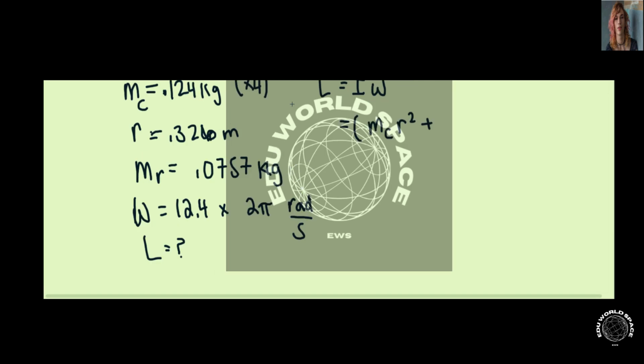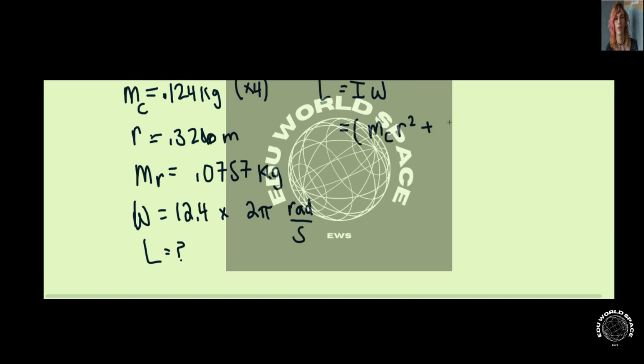I think it's 1/3 m l squared, but I'm going to look it up. Yes, it's 1/3 m l squared. Why did I doubt myself? The length of the rod is r, so 1/3 m rod r squared, and then times omega.